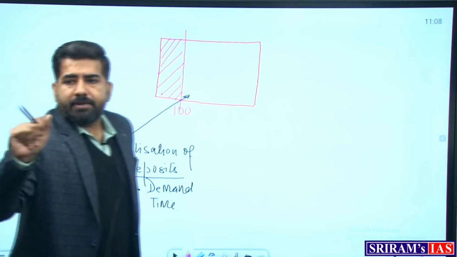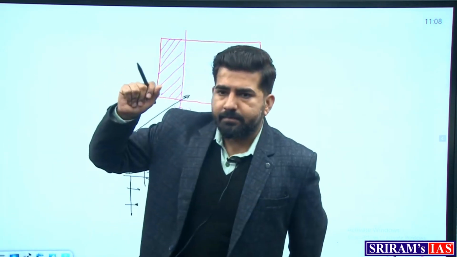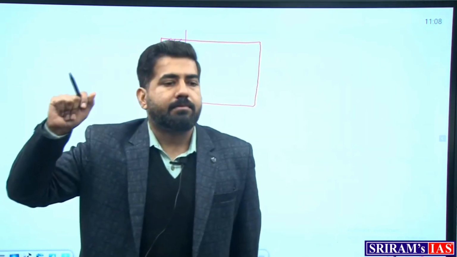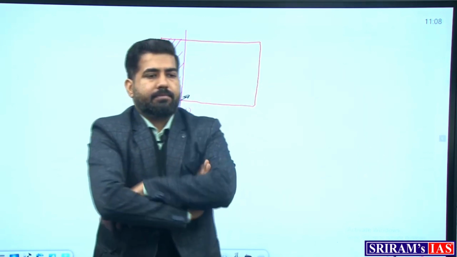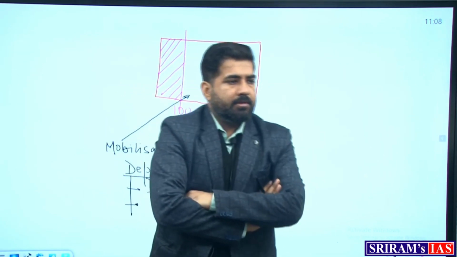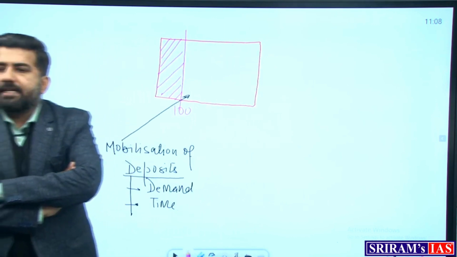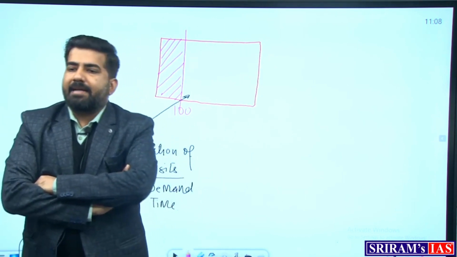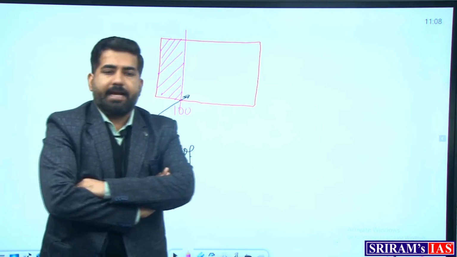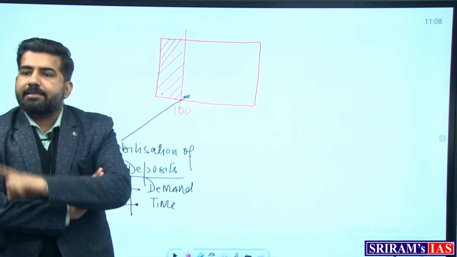So tell me first of all, what is CRR? Cash reserve ratio. Basically it is the amount set aside by the bank in cash form. And it is set aside with whom?